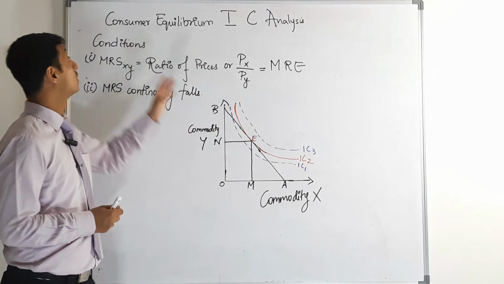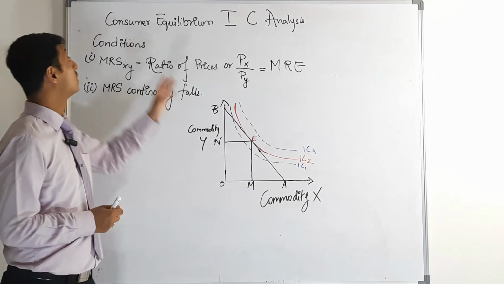So when the indifference curve and budget line are equal, at that point consumer's equilibrium is achieved. So when are the indifference curve slope and marginal rate of exchange equal? It's equal when the MRS XY is tangent to the budget line.